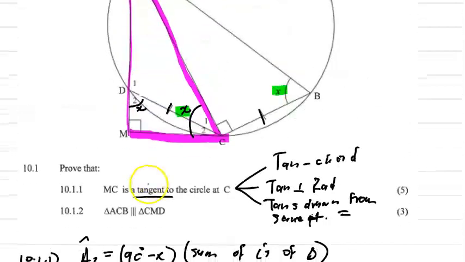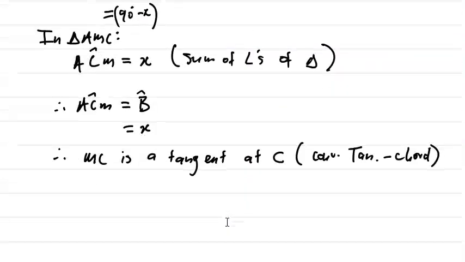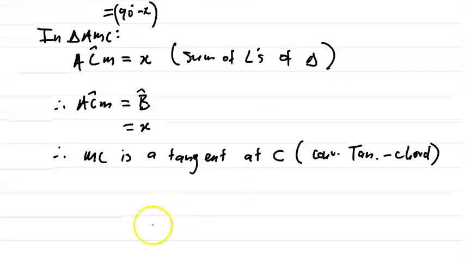In the next question, it says that we need to prove that triangle ACB is similar to triangle CMD. Now, how do we prove that two triangles are similar to each other? Well, there are two ways. So for similar triangles, let's just write that down, 10.1.2.